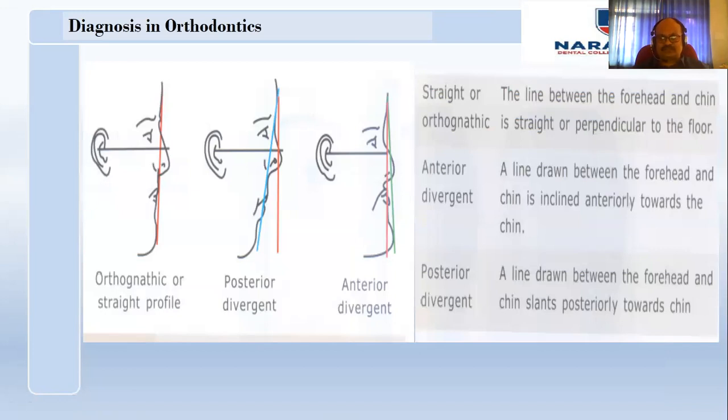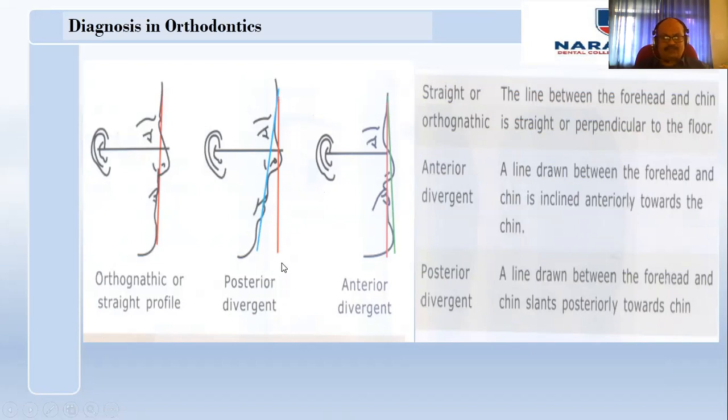So these are the different types of divergence we will have. We connect a line between the forehead and the chin point, Pogonion. It should be straight. Here is a blue line indicating a posterior divergent. This can also be done in a second way. Once you put a Frankfurt horizontal plane, a perpendicular is dropped here.